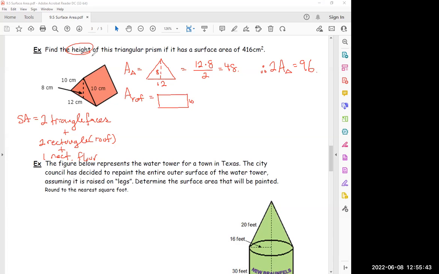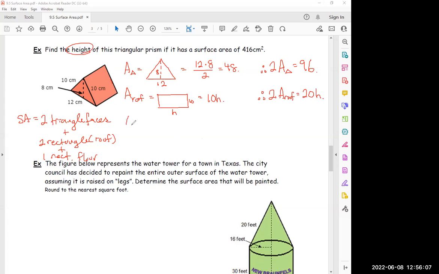The question calls it height, so I'm just going to call it h. But what is the area of a rectangle? It's length times width, so it's going to be 10h. Therefore, what is the area of two of those roofs? 10h times 2, it's 20h.